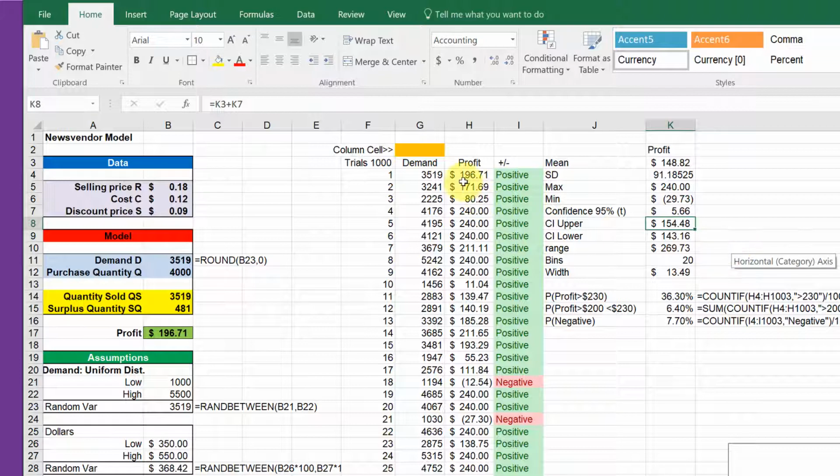So it would say if this distribution is suitably modeled by a t-distribution, then we could be 95% confident that our profit would be between 143 and 154.